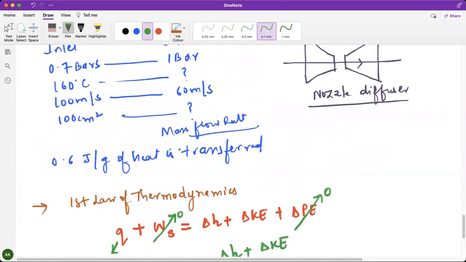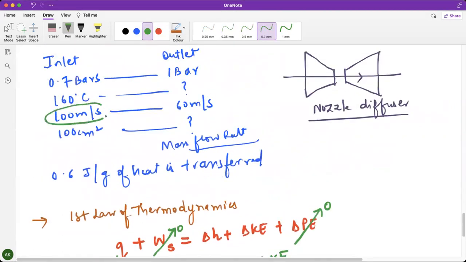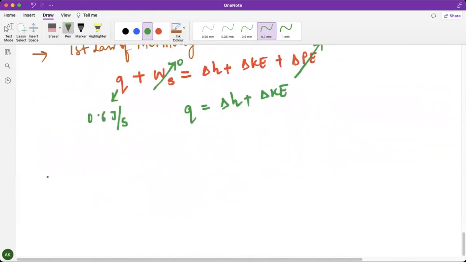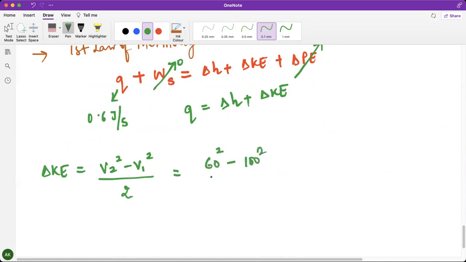Change in kinetic energy can be easily calculated as the velocities are known, and we can calculate the enthalpy values from the pressure and temperature values which are given. So if we calculate the change in kinetic energy, it is V2 square minus V1 square divided by 2. V2 square is 60 square minus 100 square divided by 2.